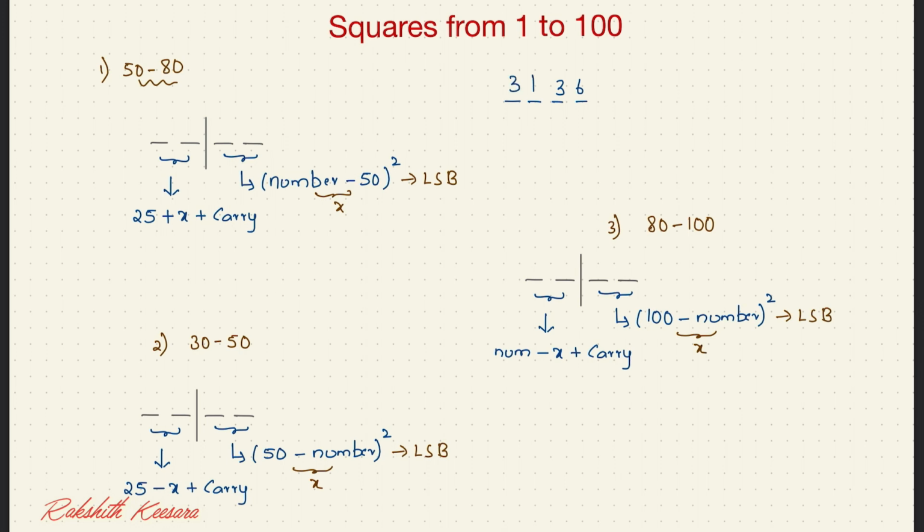Similarly, here let me take 44. 50 minus 44 is 6. 6 square is 36. 25 minus 6 is 19. Done. And here, let me take 94. 100 minus 94 is 6. 6 square is 36. And 94 minus 6 is 88. Done. See, this is very simple.